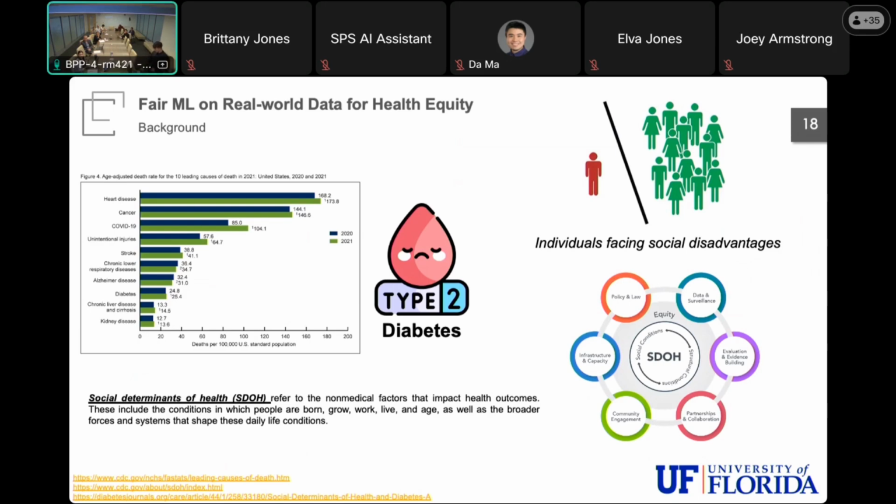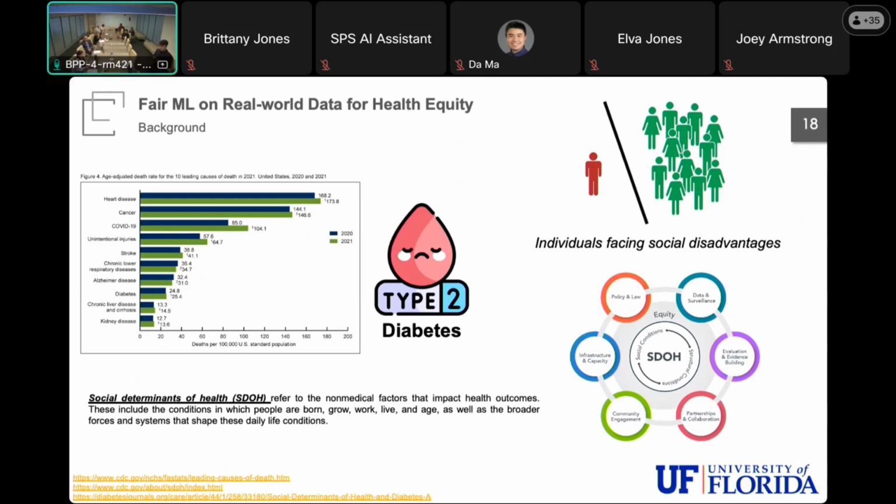So type 2 diabetes must be managed not only by traditional medical care, but we also need to address the patient's unmet social needs. So it's very important to have a social risk management tool for this purpose.